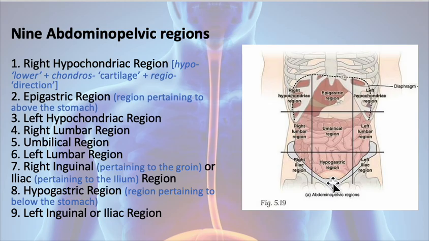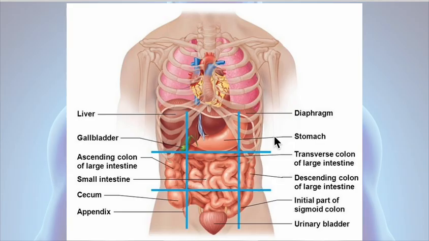Now, because we have an awareness of these particular subdivisions of the abdominopelvic region, we can pinpoint particular structures that are located in each of these regions. Therefore, if an individual is presenting to hospital with pain in the upper right hypochondriac region, that could suggest a condition of the gallbladder. So perhaps this individual is having a gallbladder attack.